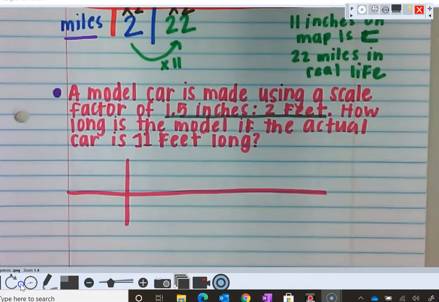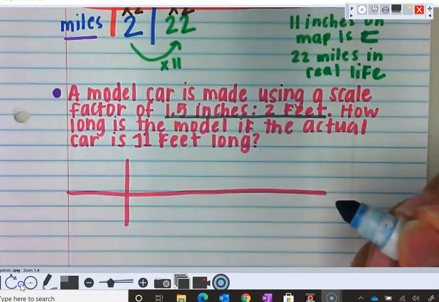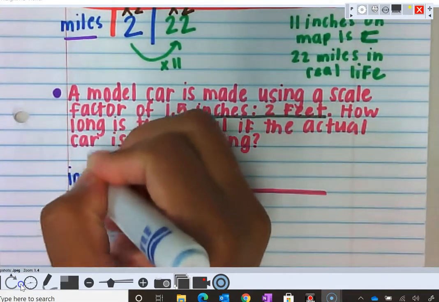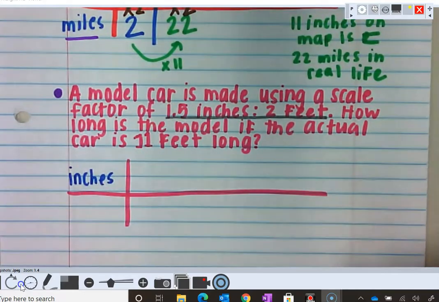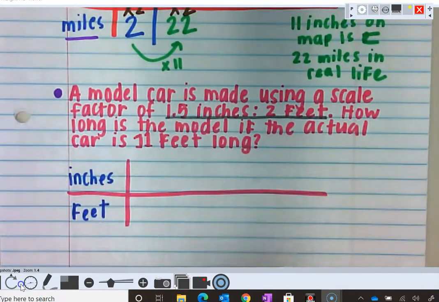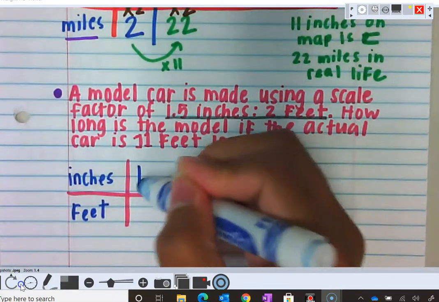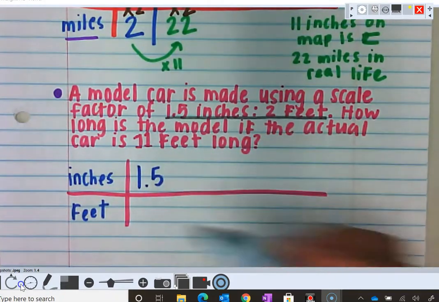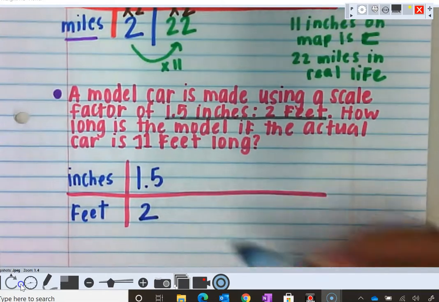A model car is made using a scale factor of 1.5 inches to 2 feet. All right. So we have inches again, but we're comparing inches not to miles this time, but to feet. And we know that 1.5 inches is equal to 2 feet.